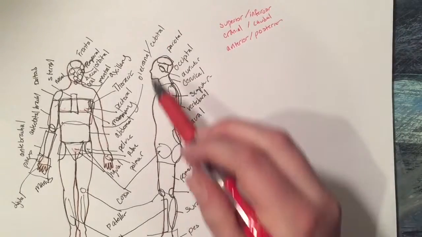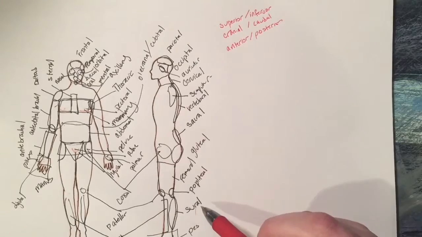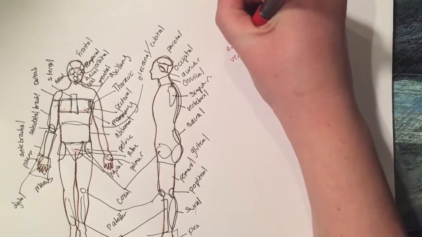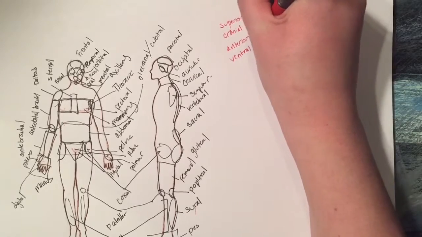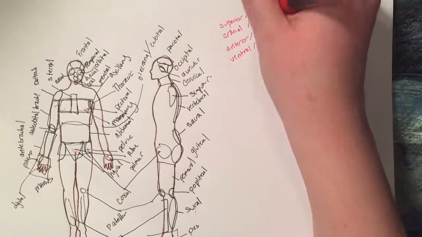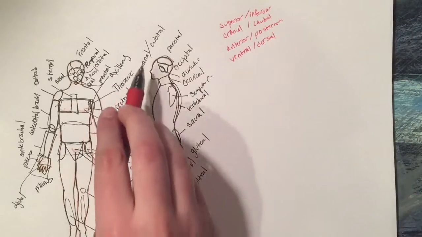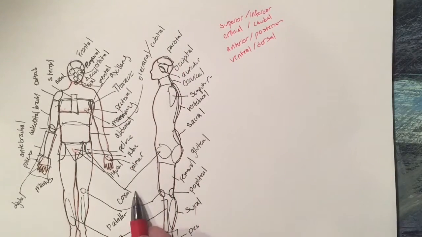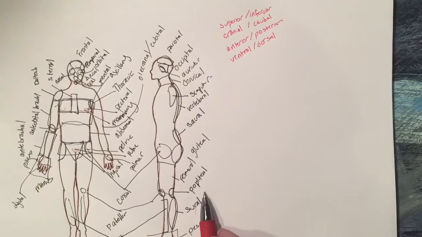So you have your anterior side and posterior side, which is also synonymous to ventral and dorsal. Ventral and dorsal. Also, anterior, posterior, ventral side, dorsal side: dorsal back, ventral front, anterior front, posterior back.